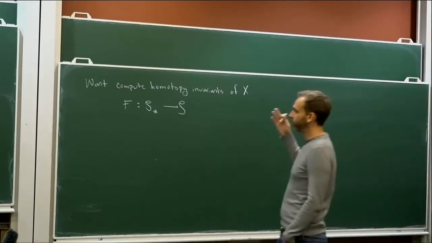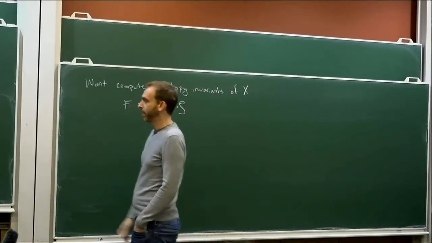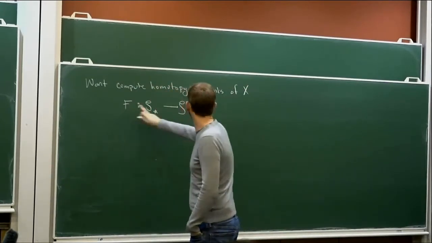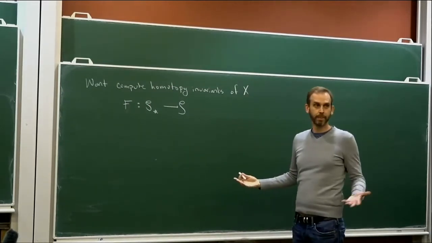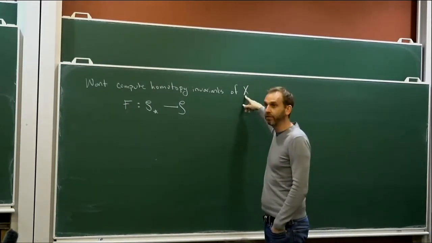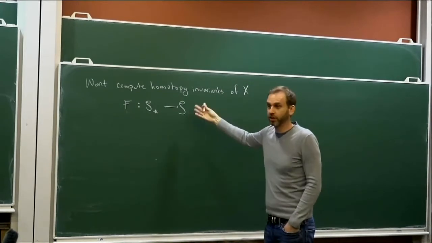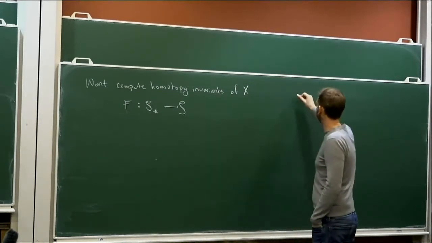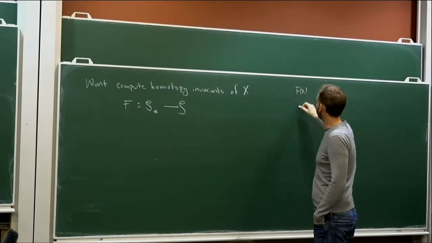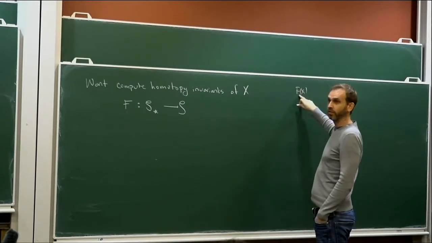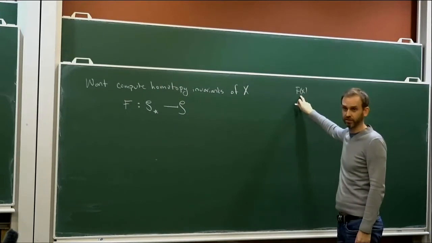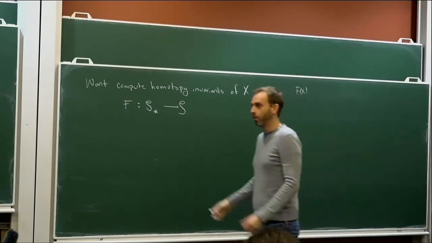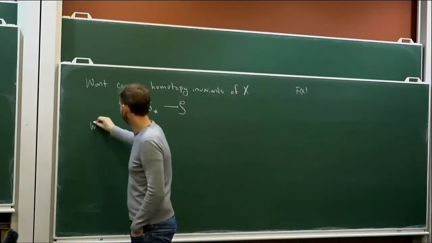So let's imagine that we had some functor F, and let's think of applying F to some space X as some sort of approximation, okay? So instead of computing the homotopy groups of X, we're going to give ourselves some construction, I don't know what it is yet, we're going to try and find some, and let's compute the homotopy groups of F of X, okay?